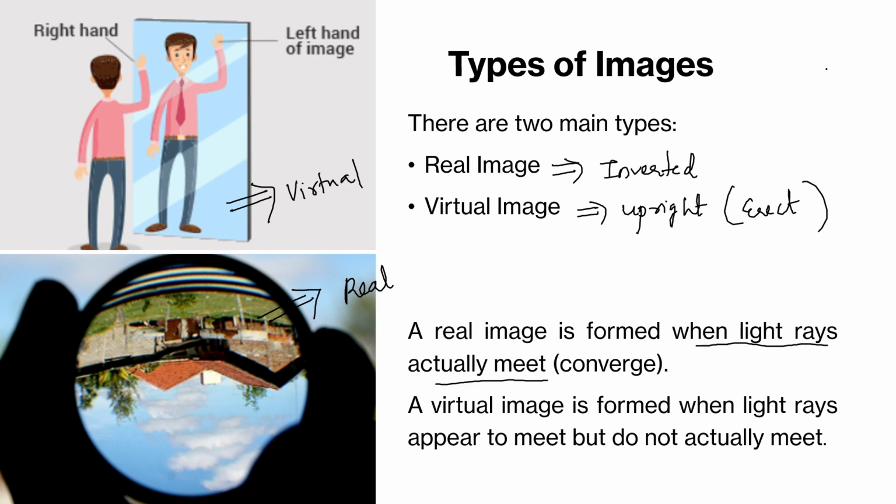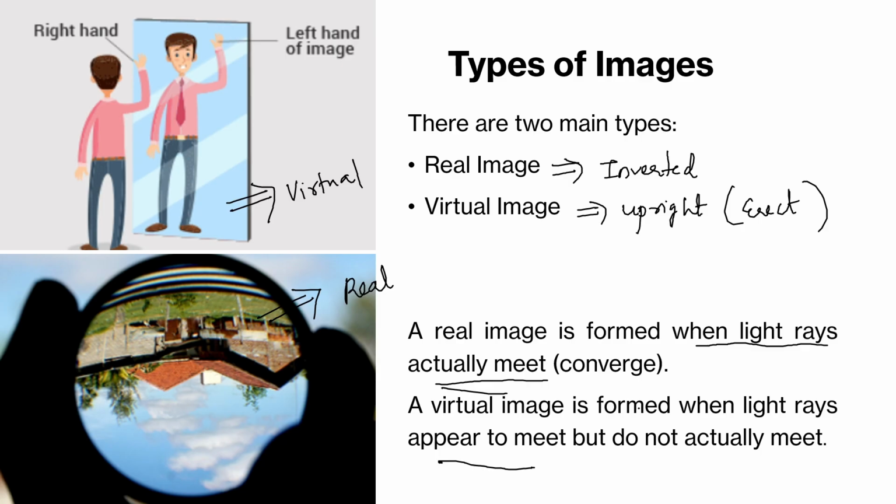Virtual images are formed when light rays appear to meet. There may be confusion about what appear to meet and actually meet mean, but don't worry. You will get a clear idea of these two terms when we discuss ray diagrams.